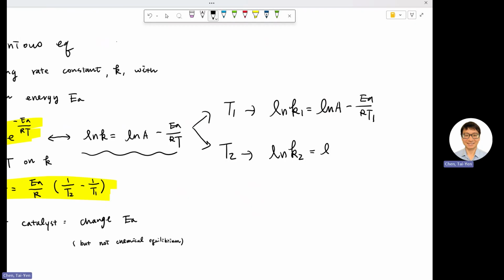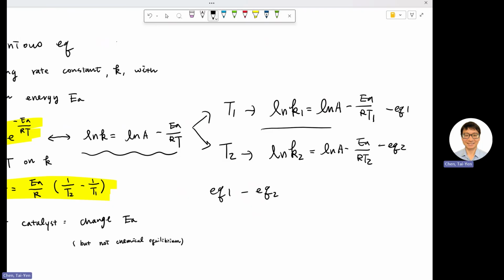It's going to equal natural log A minus EA over RT2. So you can write out these two base equations. Then the next thing you do is use equation 1 and equation 2.